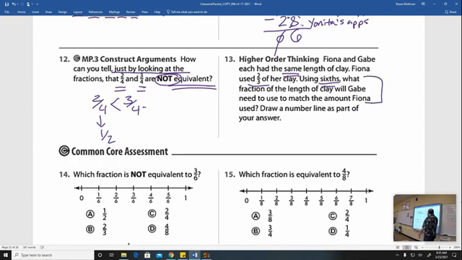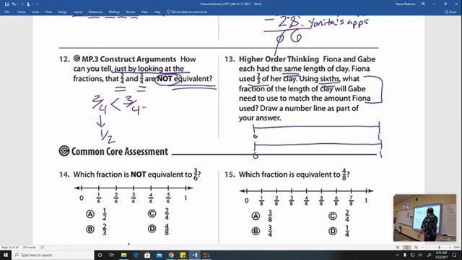So what are we being asked here? We are being asked to find an equivalent fraction. You're right.